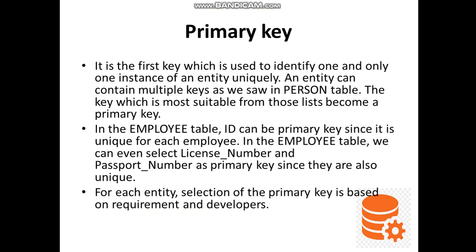We can even select license number and passport number as primary key since they are also unique. For each entity, the selection of primary key is based on requirement and the developer, correct? So primary key is nothing but a key which is unique and does not accept null value, correct?